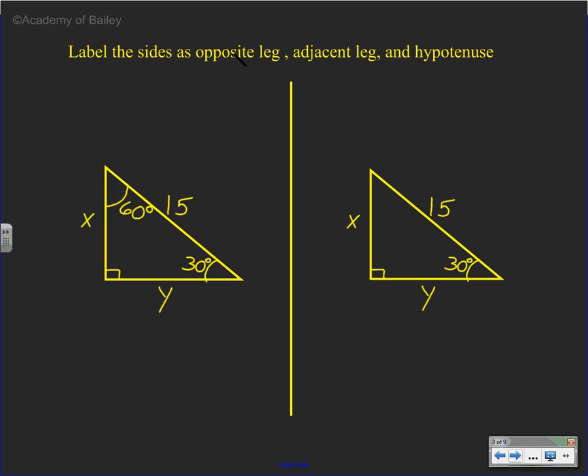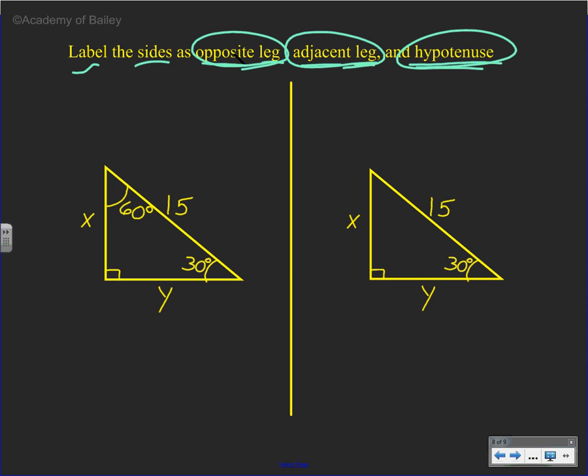This next slide here, I am going to ask you to label the sides as the opposite leg, the adjacent leg, and the hypotenuse. So we have adjacent leg, opposite leg, and hypotenuse. On the left triangle here, when you go to label opposite and adjacent legs, you have to first start out with an angle.